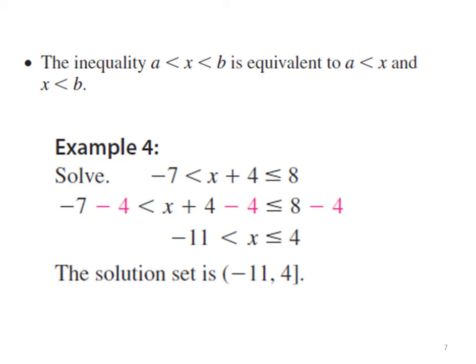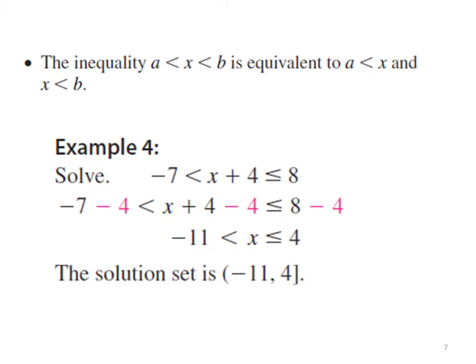Sometimes a compound inequality can be written in one line, and it will imply you basically have two inequalities joined by the word and. So here is how we write a compound inequality of this form. Here we have a is less than x less than b, or you can say x is greater than a and x is less than b.